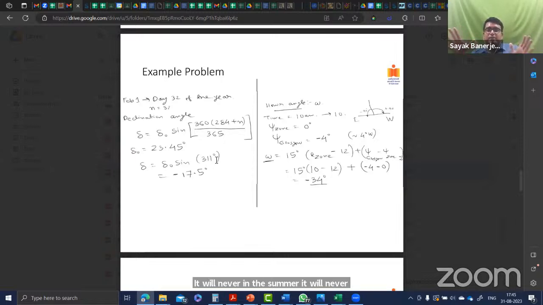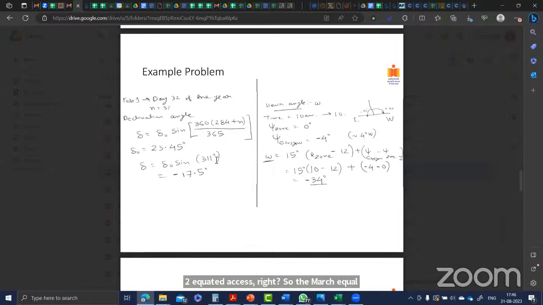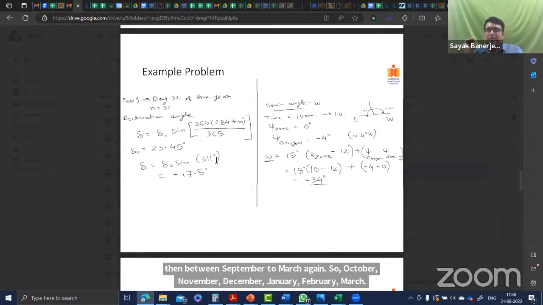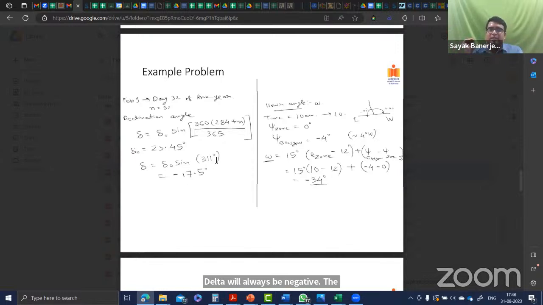So there are two equinoxes, right? The March equinox and September equinox. Between March and September equinox, delta will always be positive. And then between September to March, so October, November, December, January, February, March, delta will always be negative. The formula is created in such a way that this will automatically happen always.